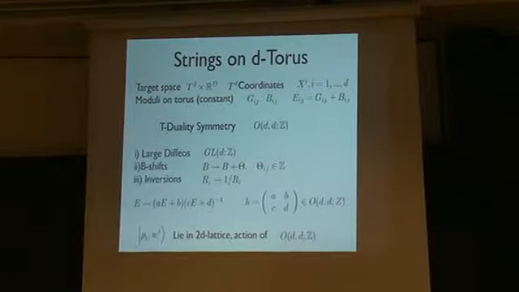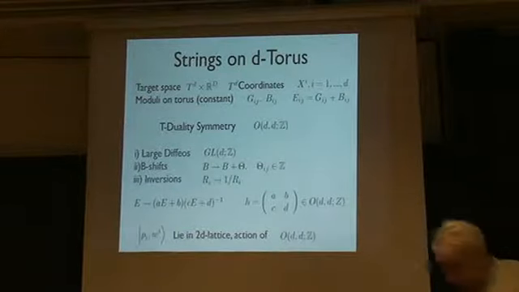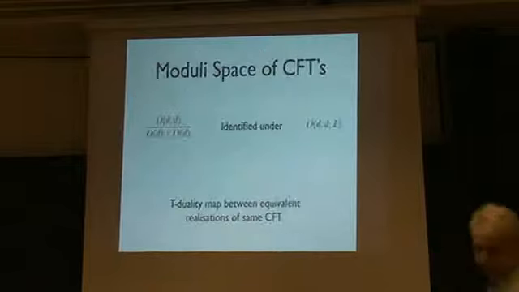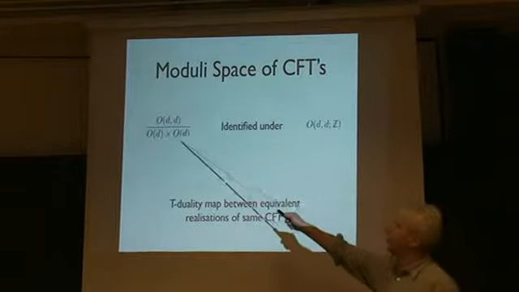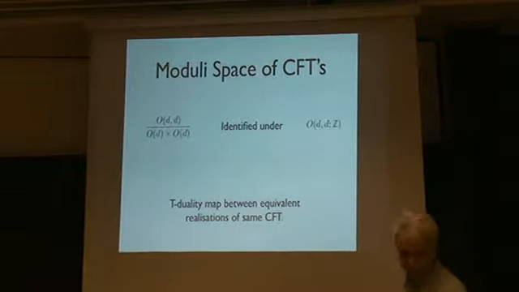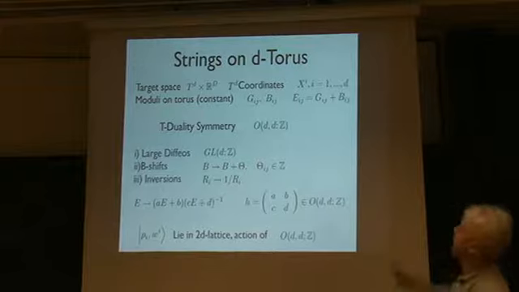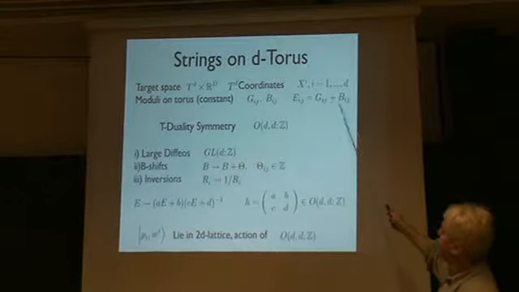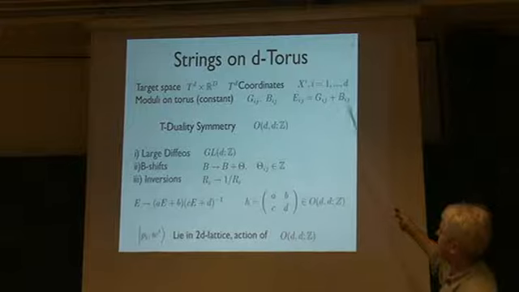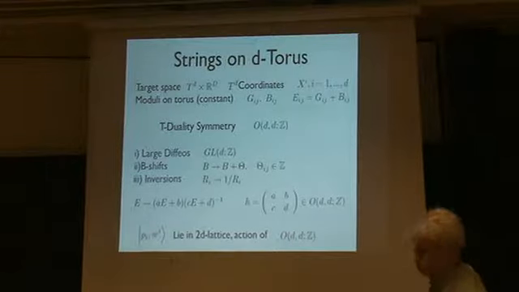There's another way of seeing why they must be integer valued. You can also think of it as, if you look at the moduli space of conformal field theories on a torus, it turns out to be parameterized by this coset space. So from this point of view, the moduli are G and B, and there are D squared degrees of freedom there.